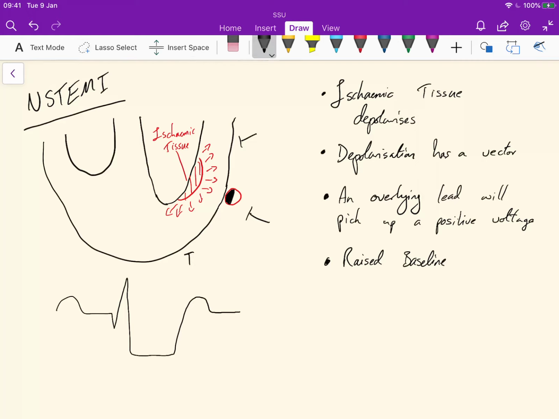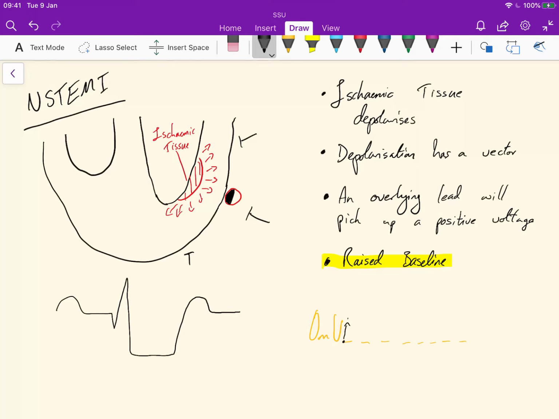Let's cross that T there. And that's going to cause the baseline to be raised. What we mean by that is, instead of the baseline starting at 0 millivolts like a normal one would, instead of starting here, it's going to start up here.